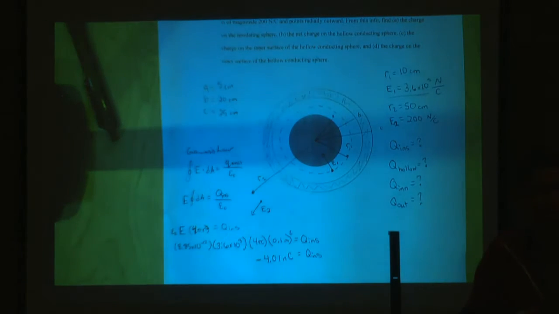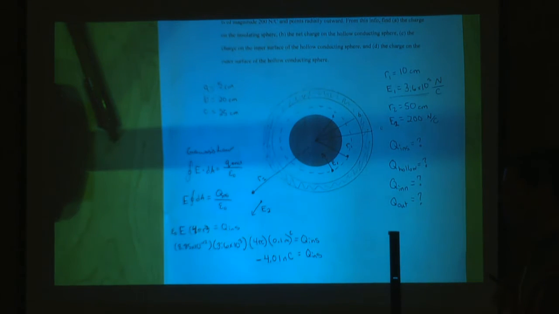Just like our previous problem, where we did our math but didn't account for a sign. So now, looking graphically, we need to take that into account, okay? Because our electric field is pointing inwards, we know this is going to have a net negative charge, okay? Does that make sense? Any questions?